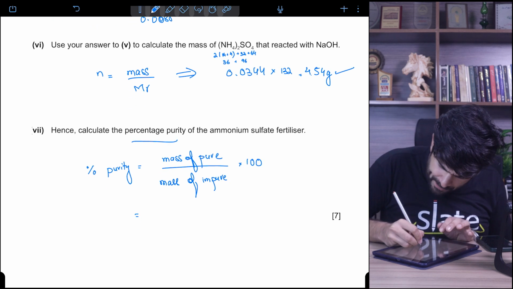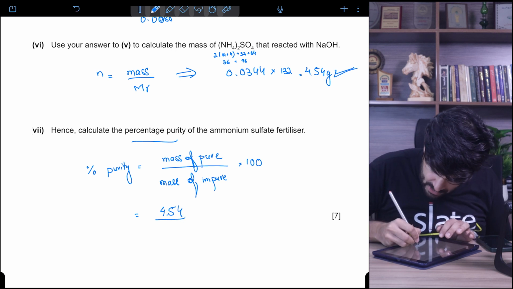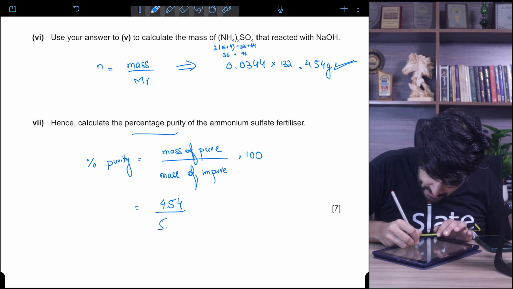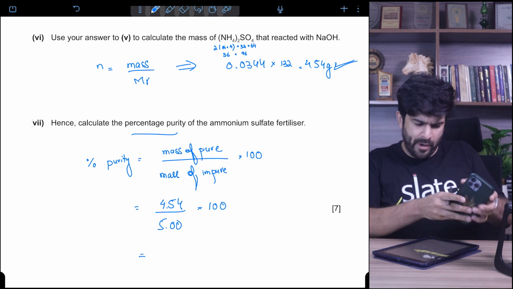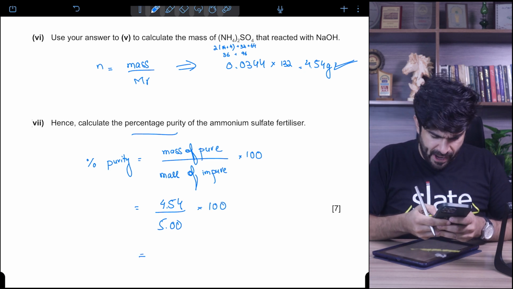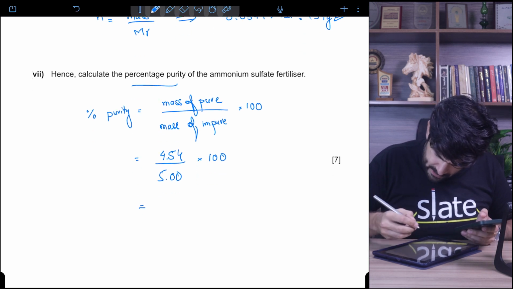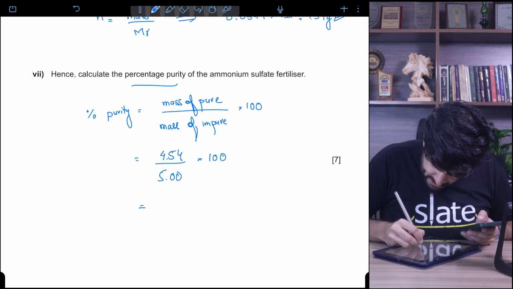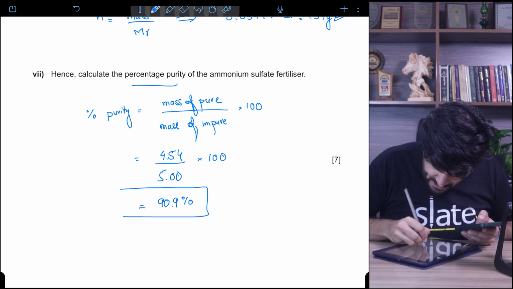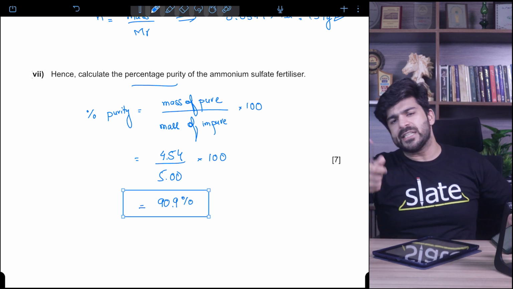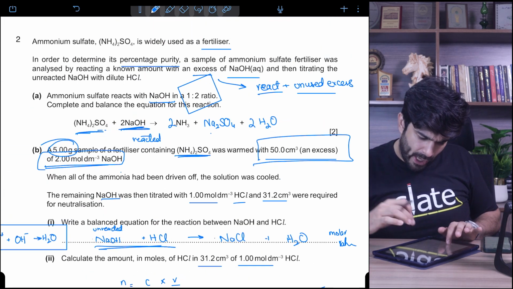So mass of pure हमारे पास है 4.54, and impure था 5.00, into 100. So 4.54 divided by 5 would be 0.9. So multiplied by 100, 90.9% is the answer.